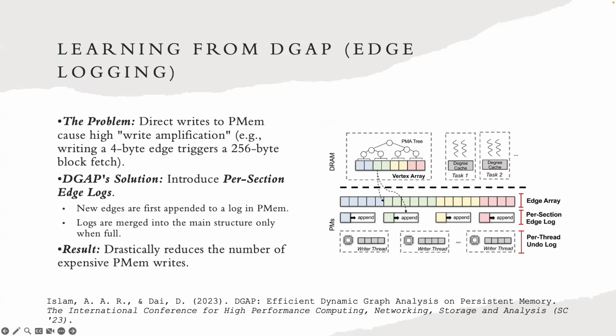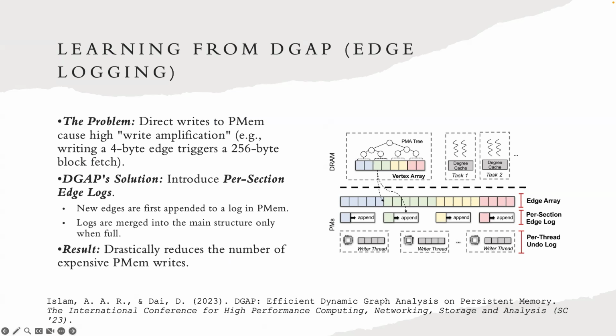So basically, DGAP introduces multiple logs. It has logs in the DRAM, it has various logs in the PM as well, and it has also applied logs for crash recovery.